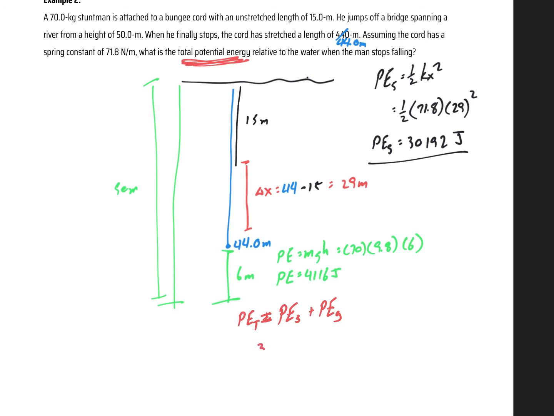We just plug these numbers in, 3192 plus 4116. We should get about 34,308 joules, or about 3.43 times 10 to the 4th joules, depending on how you work it.